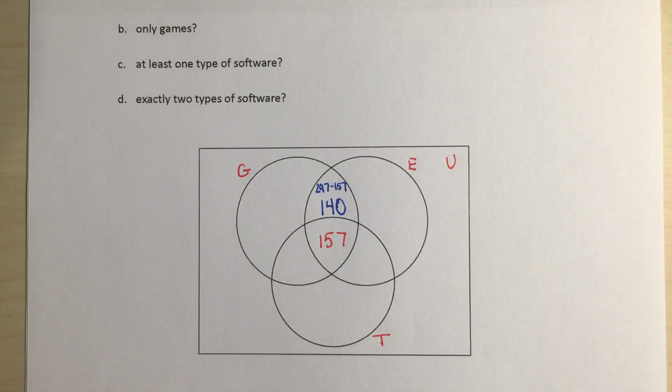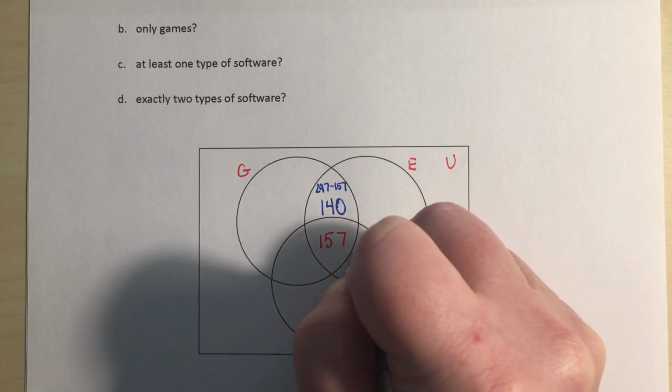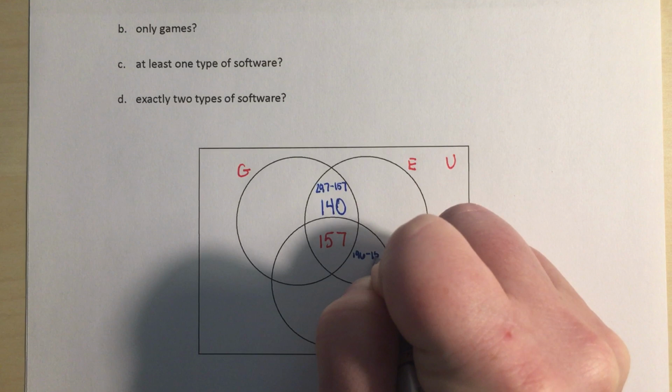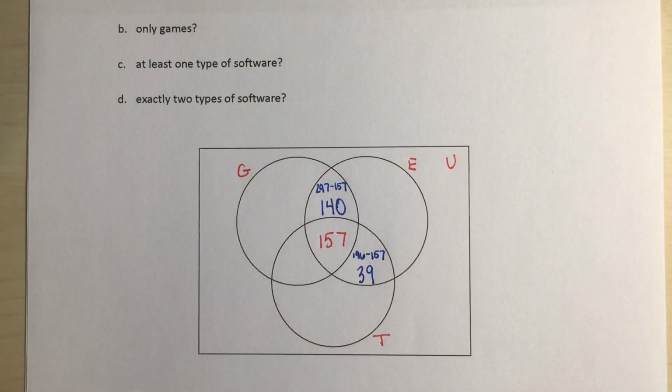We are told up above that 196 purchased educational software and utility programs. So educational software and utility, which is the T, we had 196. Again, that also includes the 157, so we want to subtract. So 196 minus 157 is going to give us 39.